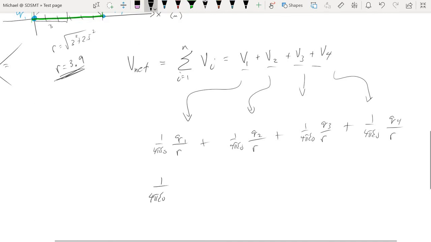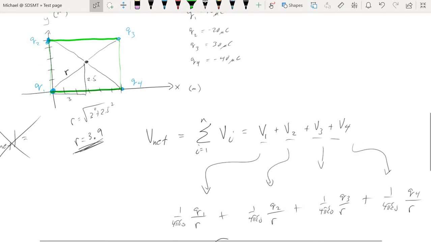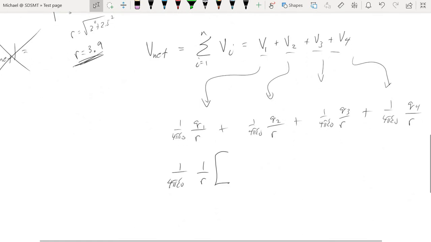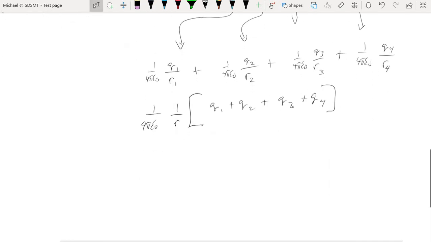The great thing about this is there's a lot that can be factored out. Because each charge is the same distance away from the center of that rectangle, we can factor out the R values. But if the charges were not the same distance away, then you would just have to keep those values paired up with the individual charges. But now it's just a matter of adding up the charge values, and we're pretty much done with this problem.